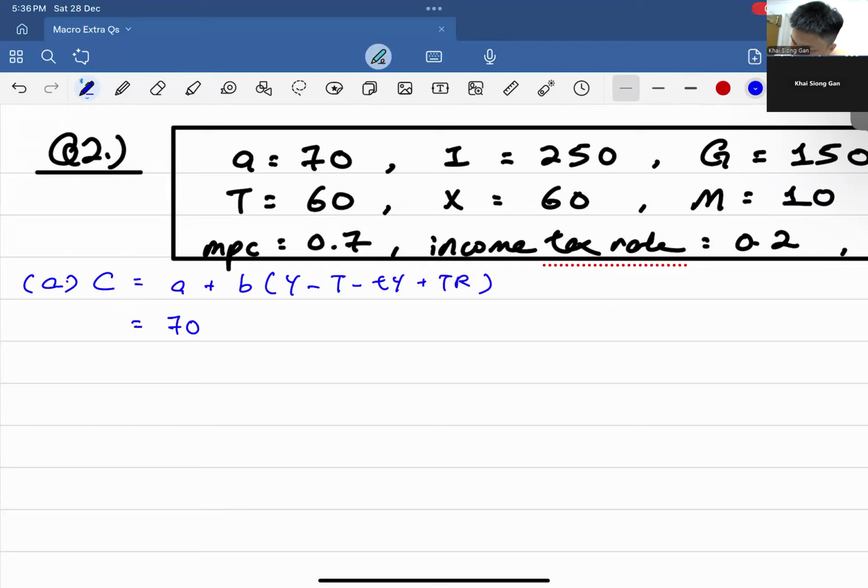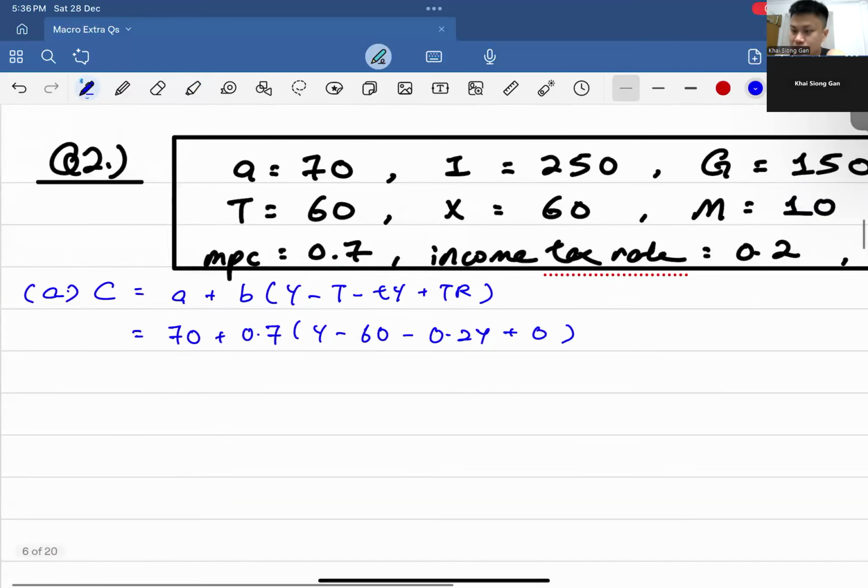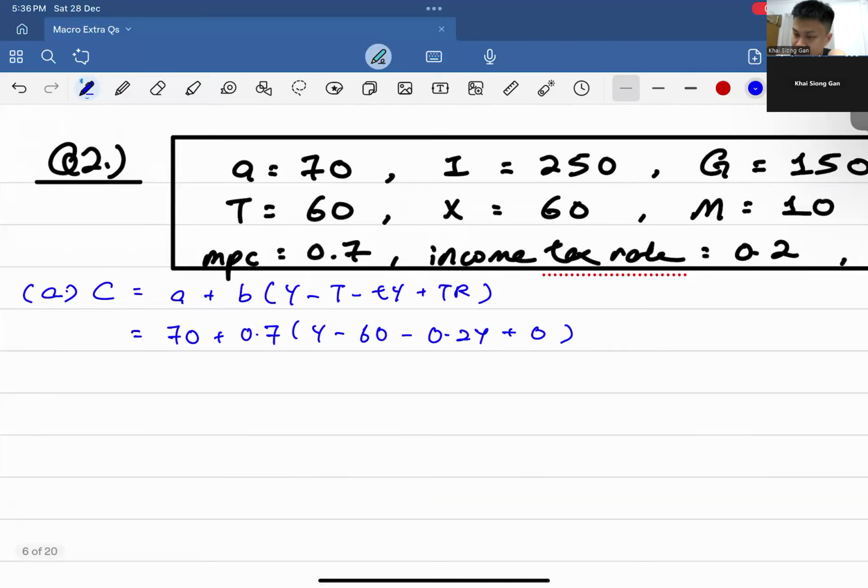Do it quickly. Make sure in the exam you do not make any mistake. Here in this question, there is no transfer payment, so you can just ignore it. Then you expand the formula.